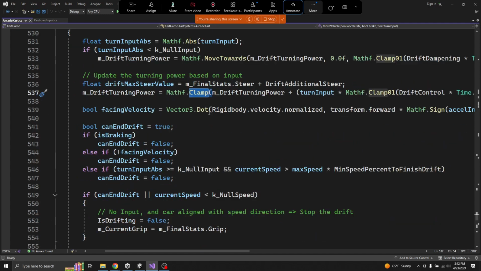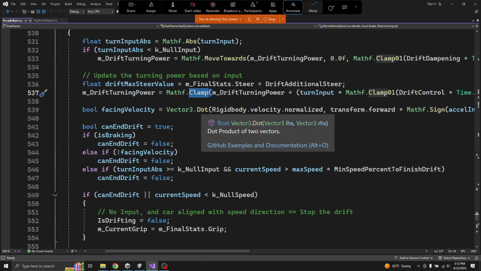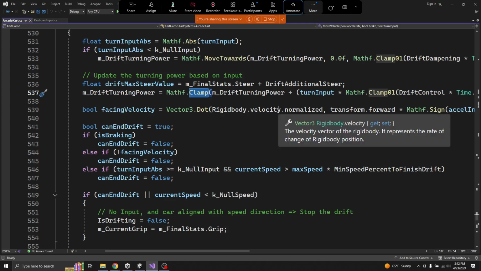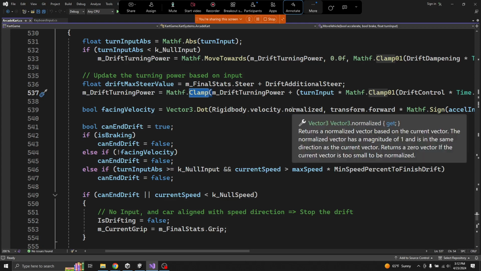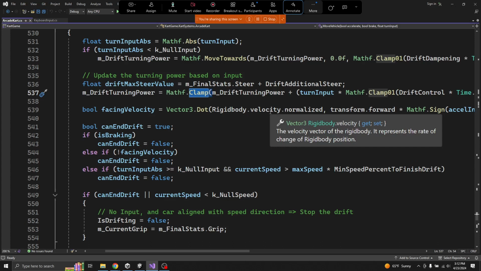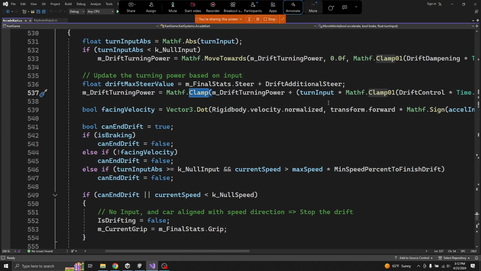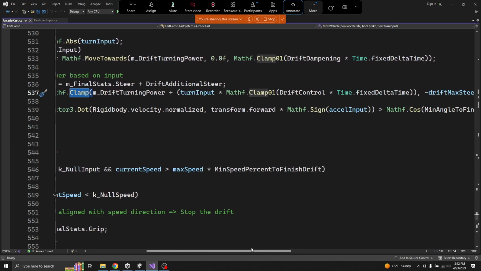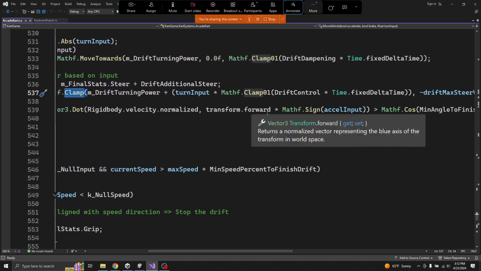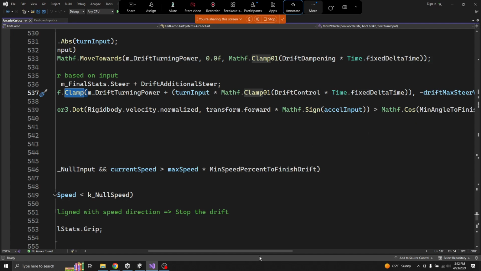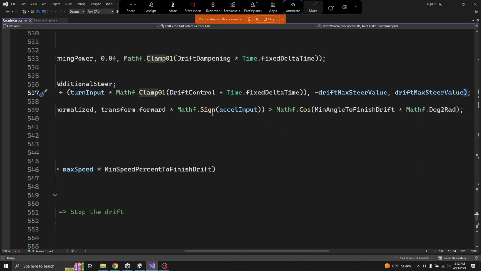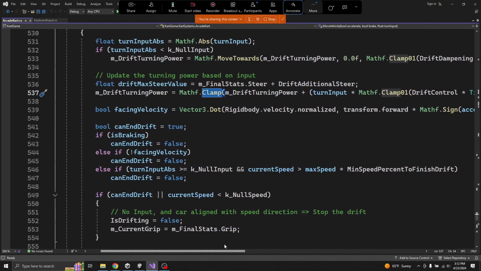All right, Vector3 dot. Now we're going to dot our rigidbody velocity, normalized. Whatever our velocity is on our physics rigidbody, we normalize it down and turn it into a unit vector. Then we dot it with transform dot forward. This looks very similar, the cosine setup.